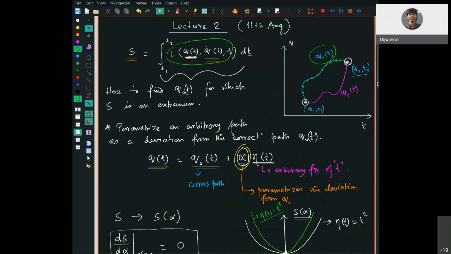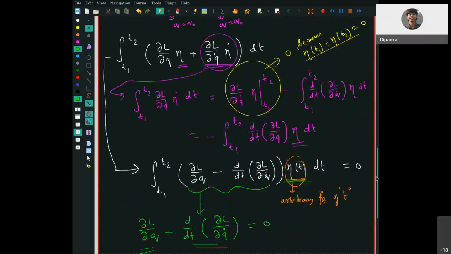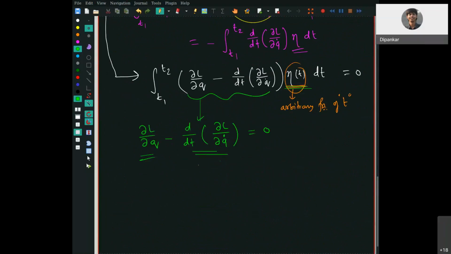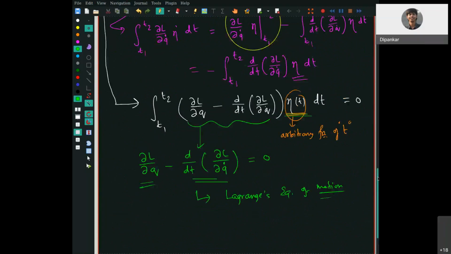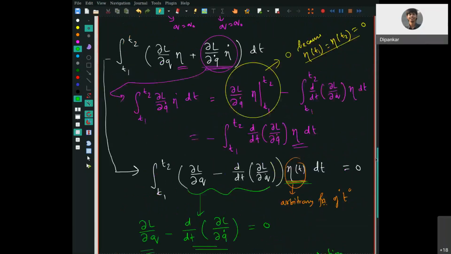That's why we call it the equation of motion for the system from q1 t1 to q2 t2. This equation of motion is sometimes called the Euler-Lagrange equation, or simply the Lagrange equation of motion. So this guides the evolution of the system from the initial point q1 t1 to q2 t2.